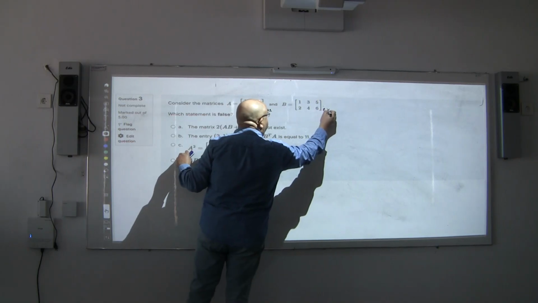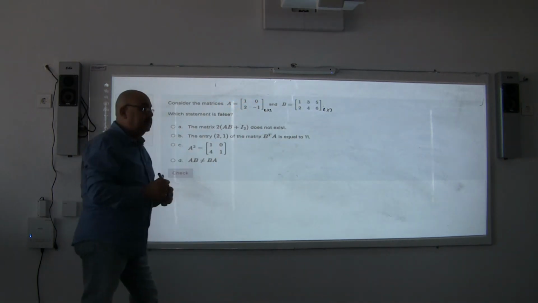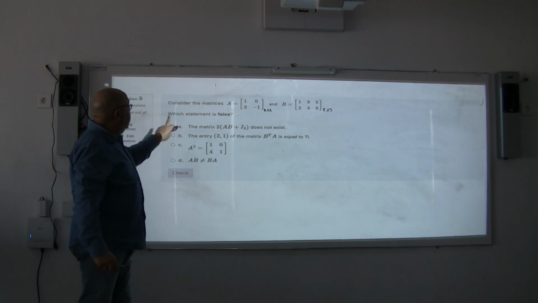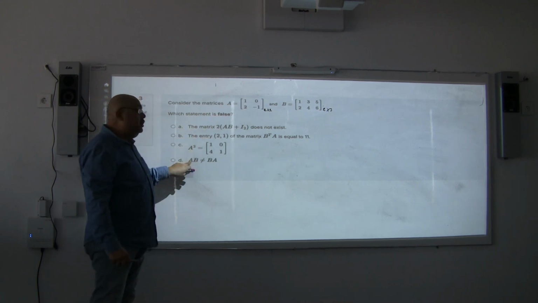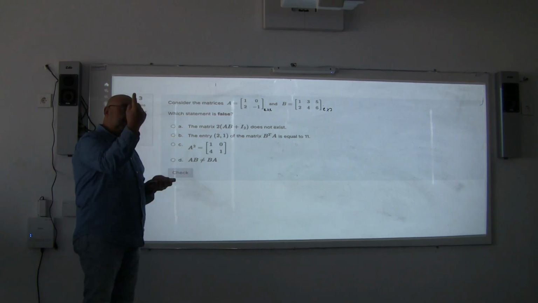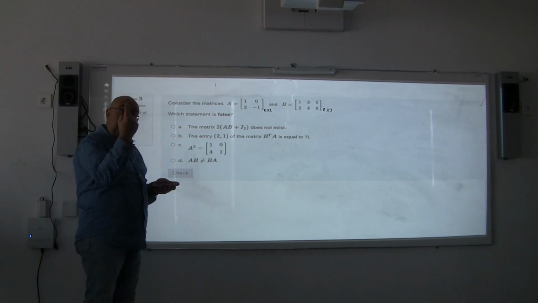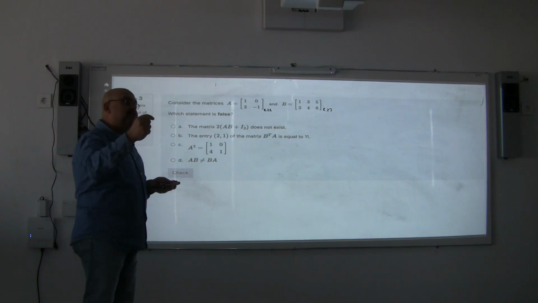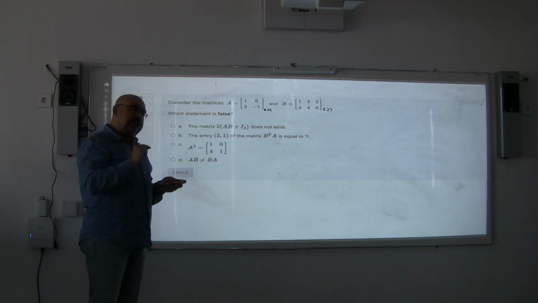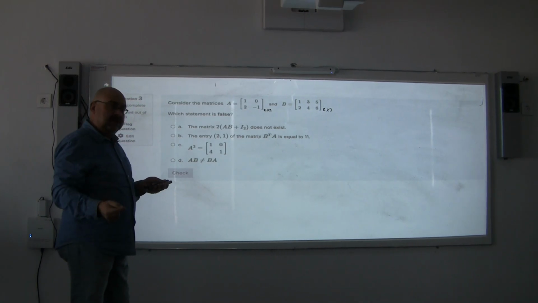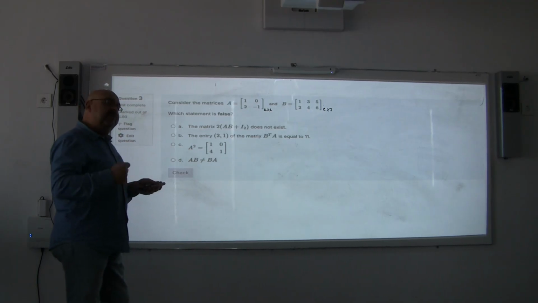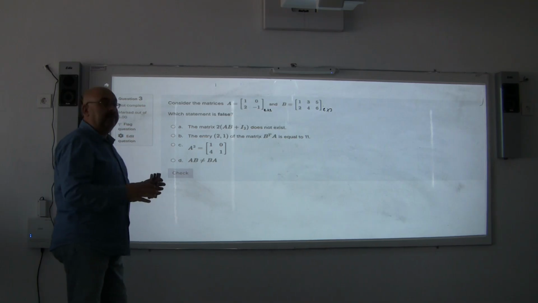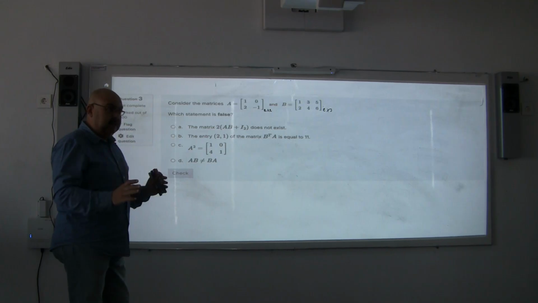That one is a 2 by 3 matrix, so it's in front of my eyes. He's stating which statement is false, which means out of these 4 statements, there's only one false statement. So we are not searching for the correct statement. We are searching for what? The false statement. Usually this is confusing. And unfortunately you will have more than one question of this type. So you have to be careful and understand the question exactly.